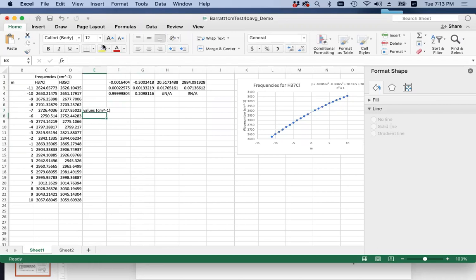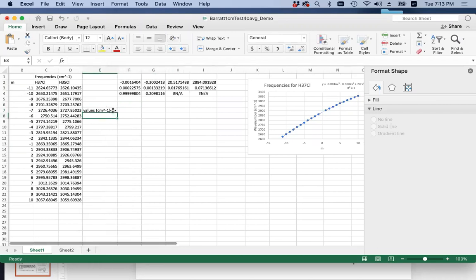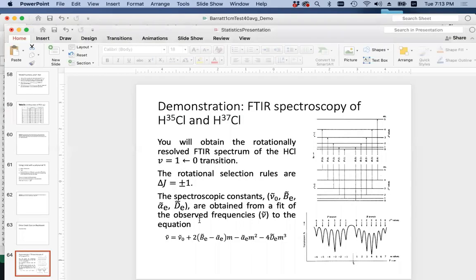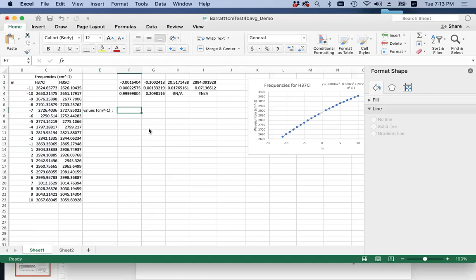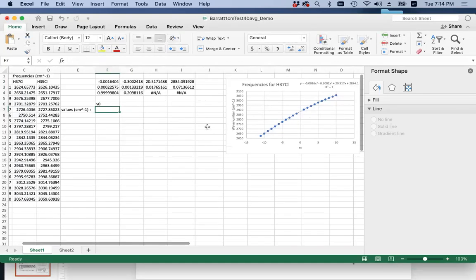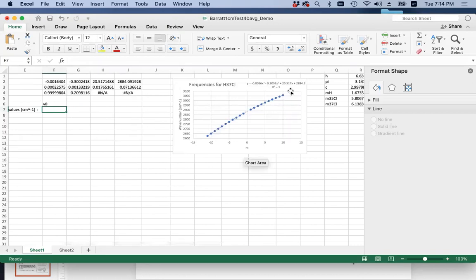Reciprocal centimeter. Okay, so going back to my equation, the linear term should be the nu naught parameter. So that one should be 2,884. So it's actually this parameter here.